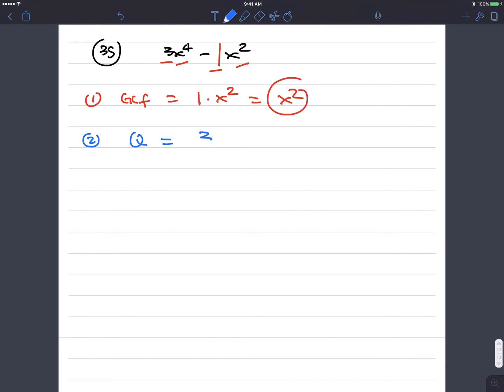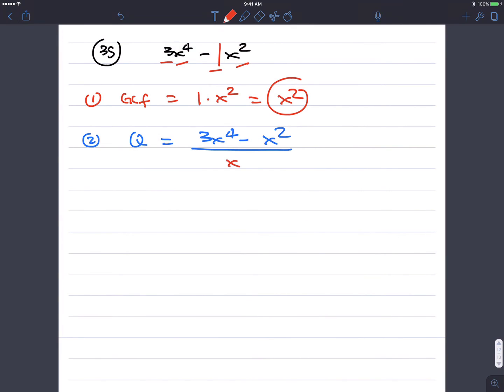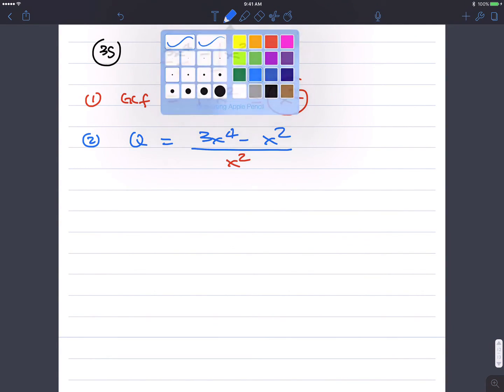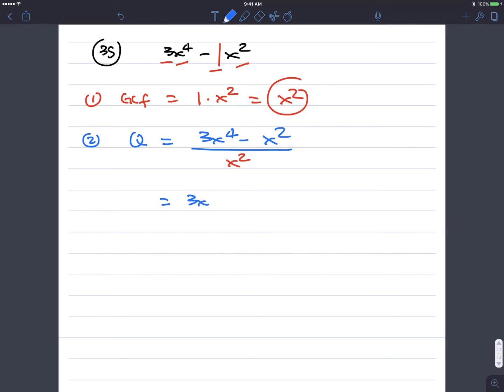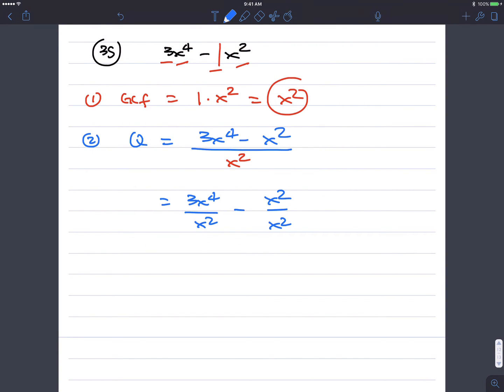My quotient, 3x to the fourth minus 1x squared. Divide my original problem by the GCF of x squared. I get 3x to the fourth over x squared minus x squared over x squared. What happens here?